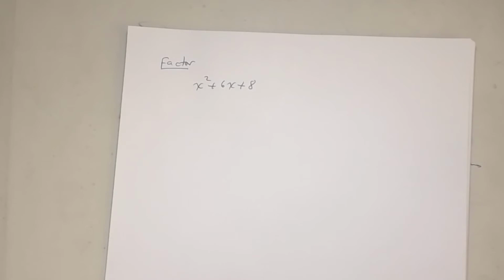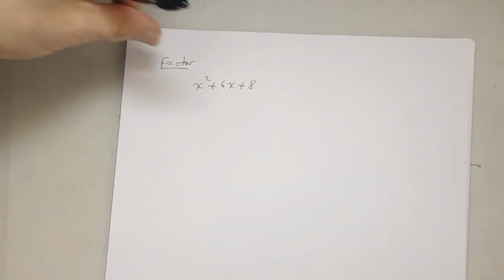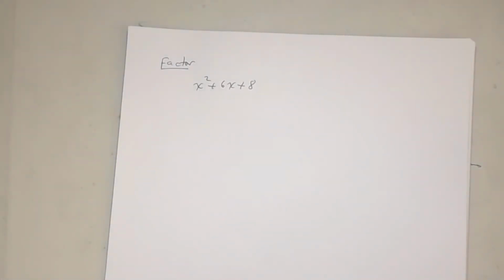All right. So that's not 4 terms. It's only 3. Since there are just 3 terms, and notice that this is quadratic, x squared, you want to try to factor it as 2 binomials.